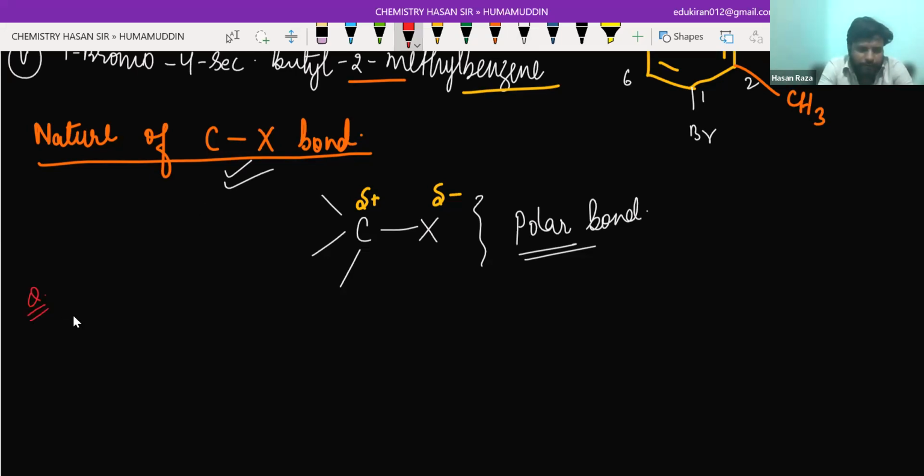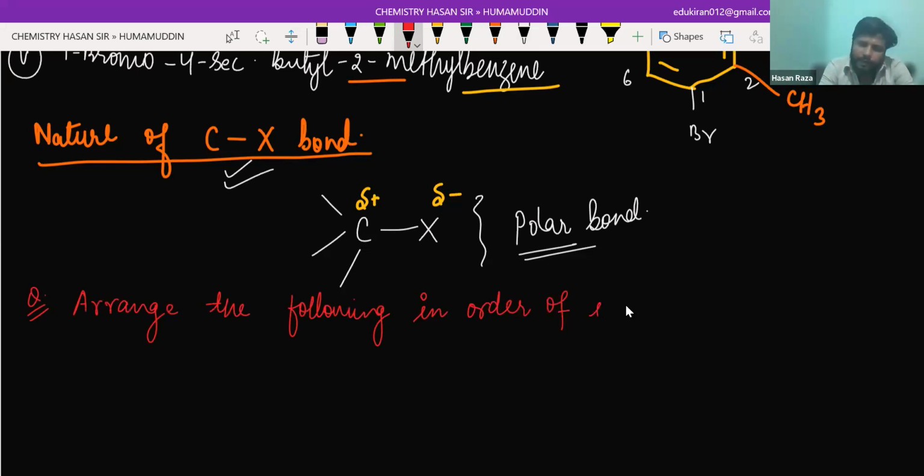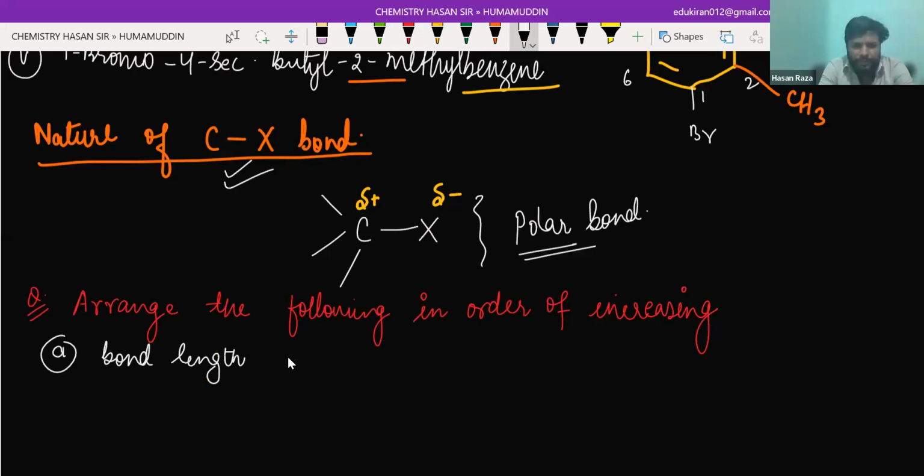Arrange the following in order of increasing or decreasing. First, bond length of C-X.